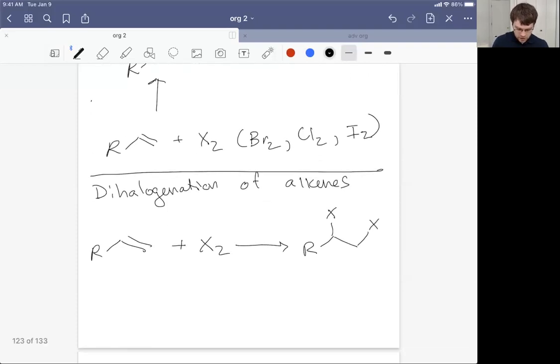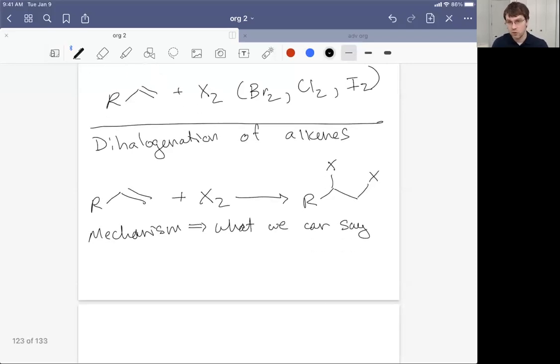Let's consider a mechanism that I'm going to establish as more correct. Strong words. What we can say. All right, stuff's complicated. Sometimes we have these beautiful models, and I could draw curly arrows, but I may draw too many. So let's just get this out here.